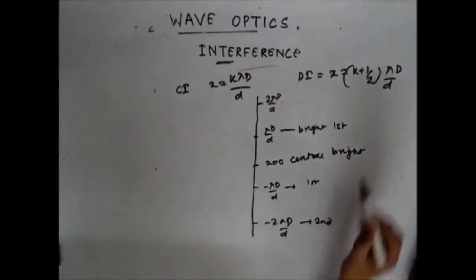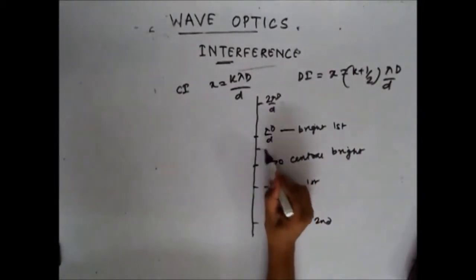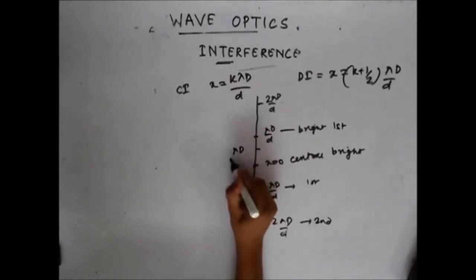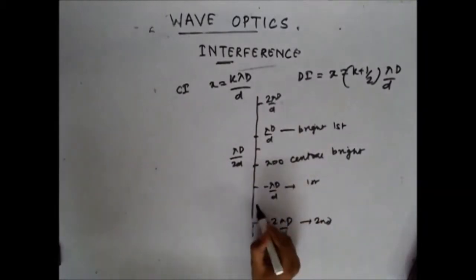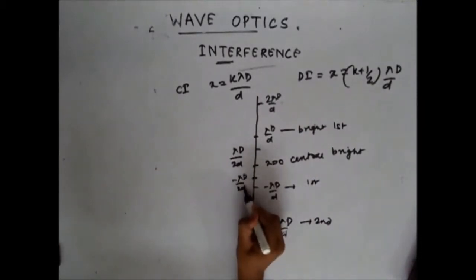Now for destructive interference, if I put k equals 0, I get it at lambda D by 2d, and again at minus lambda D by 2d.